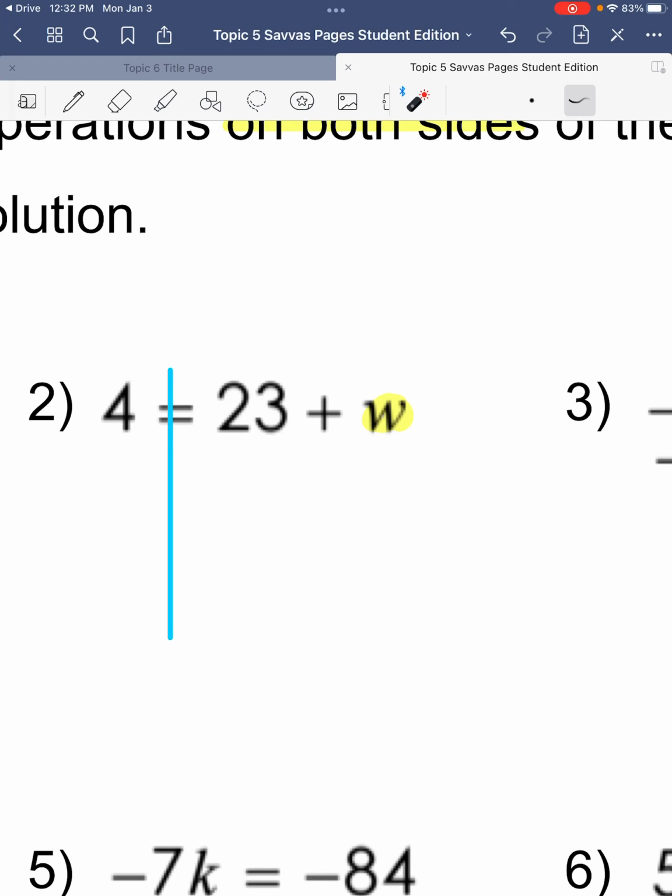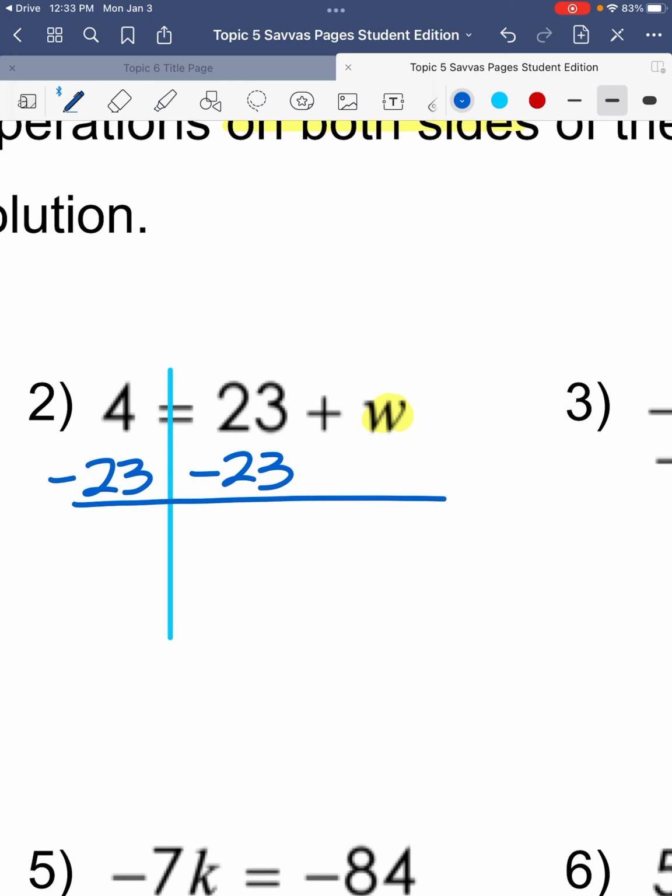So I want to get rid of that positive 23. How do I get rid of positive 23? How do I undo a positive 23? Wouldn't I subtract 23? And if I subtract 23 on that side, I need to subtract 23 on this side too. Okay, so let's talk about the side with the w. 23 minus 23, that's 0.